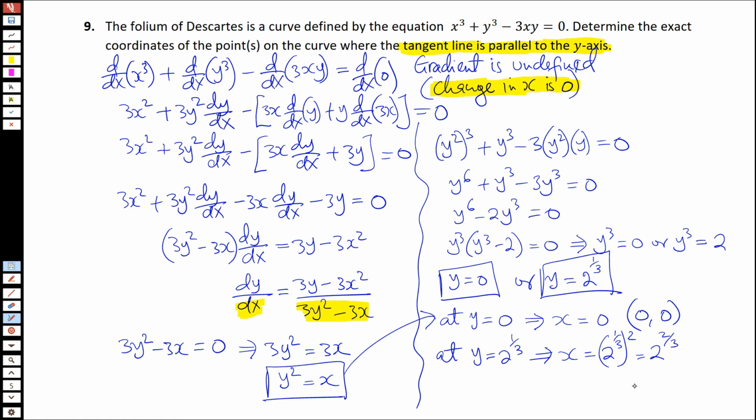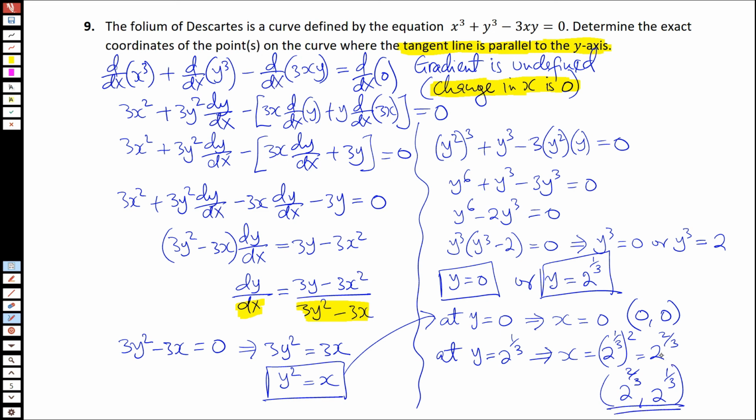So the other point will be 2 to the power 2 thirds for the x coordinate, and for the y coordinate, 2 to the power a third.